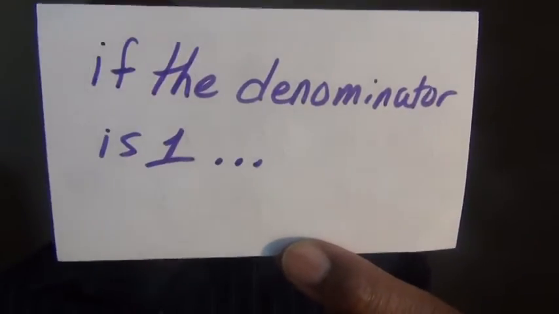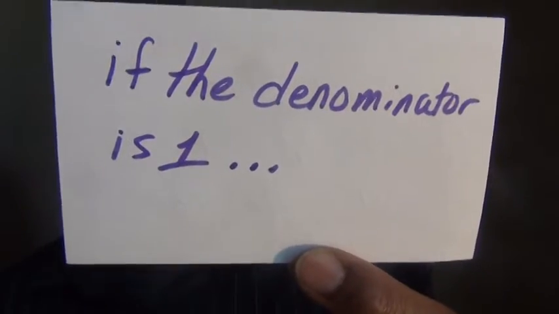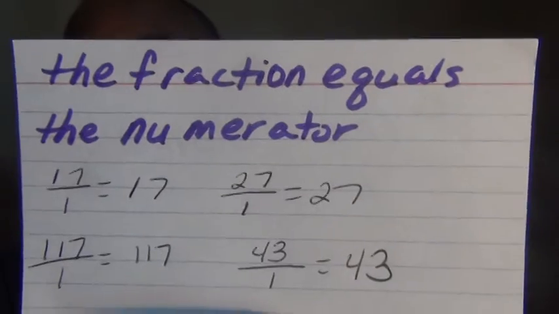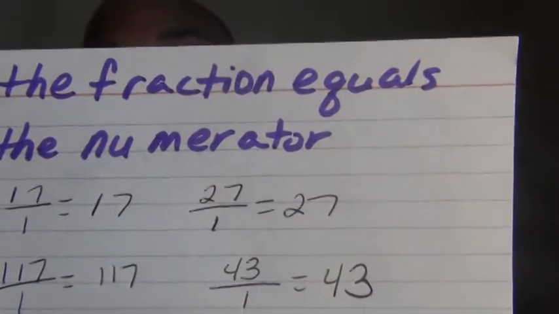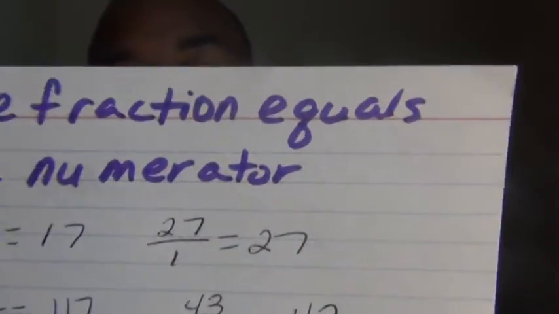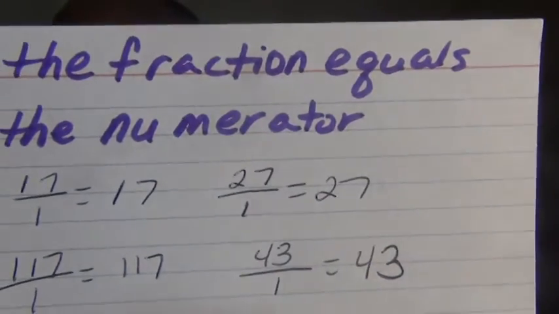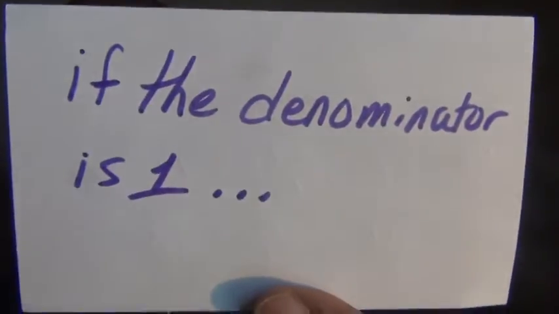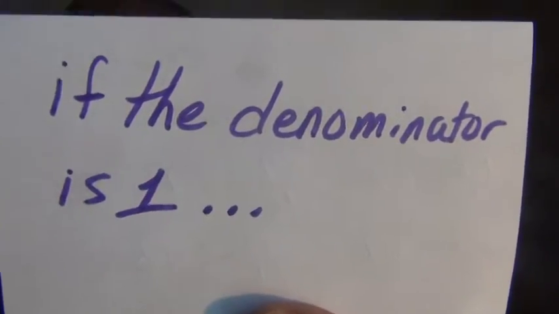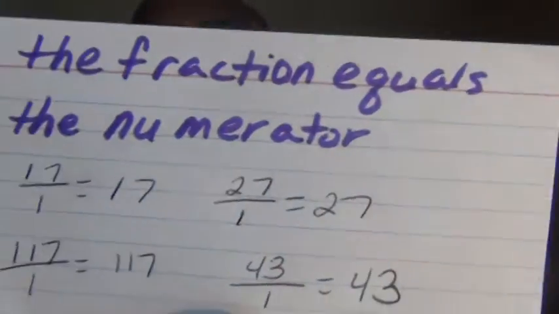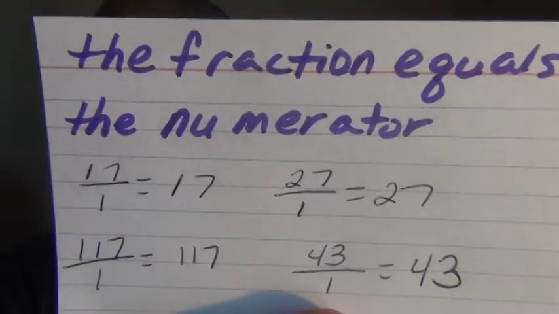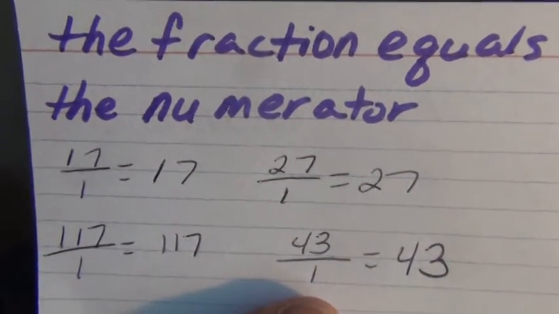Sometimes when you have a fraction, the denominator or the bottom number is 1. If that is the case, then the whole fraction equals whatever the numerator is. So let me say that again. If you have a fraction with a denominator of 1, then the fraction is equal to whatever is in the numerator.